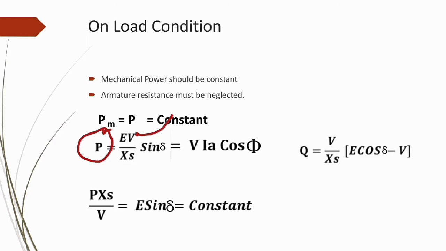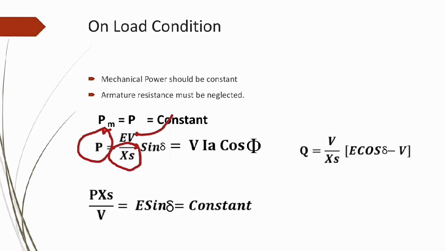XS is the synchronous reactance. It is also constant because we are not changing the winding. When the alternator is running, we can't change the winding. So in that case we assume XS is constant.